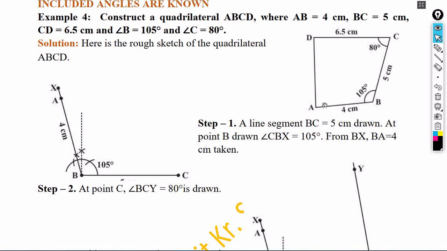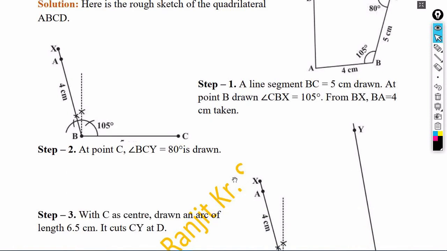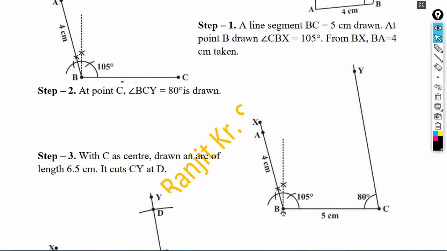But using this rough figure, when we want to construct the quadrilateral, first of all we have to take the side BC, that is of length 5 centimeter, and then at point B we have to construct angle CBX equal to 105 degree, and at point C we have to construct angle BCY equal to 80 degree.